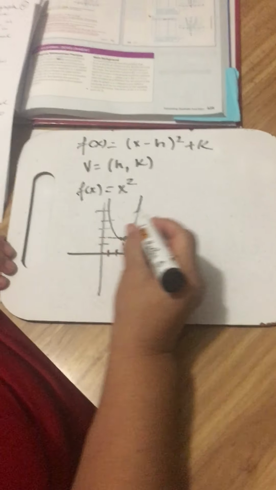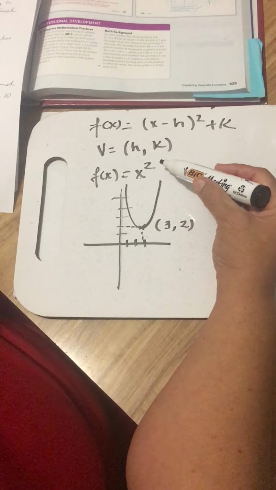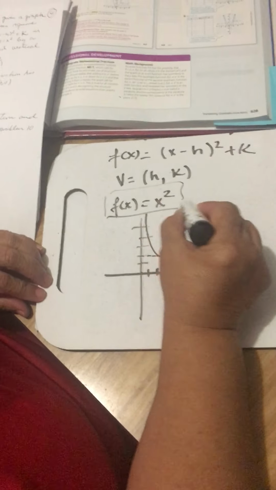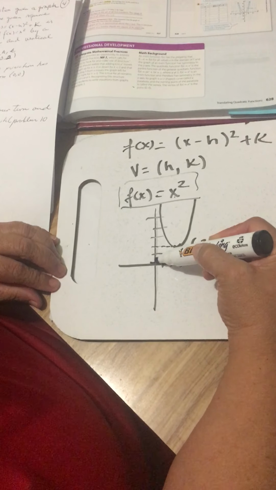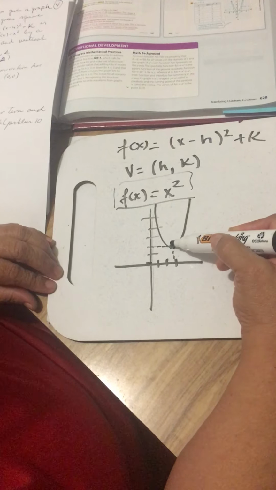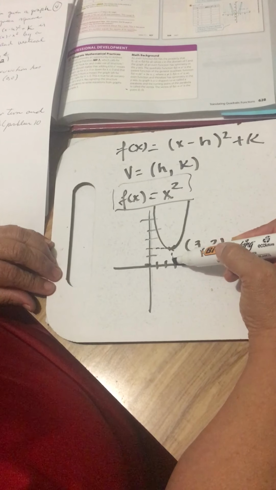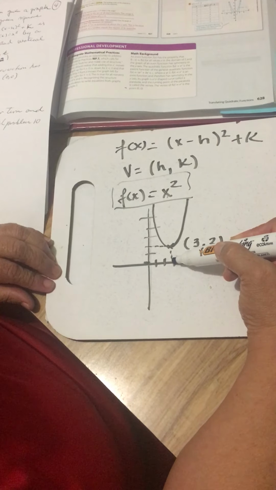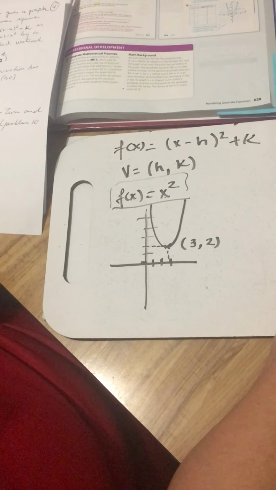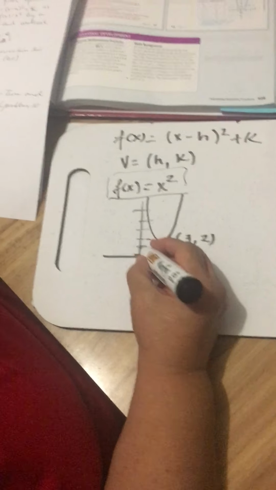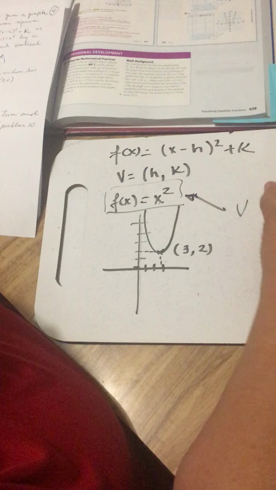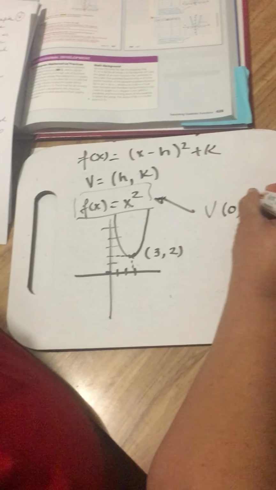If you check this graph that is here, it changed to this side because I translated it 3 units to the right and 2 units to the top. Then, okay, the parent function, if you remember, the original vertex of this is going to be at (0, 0).